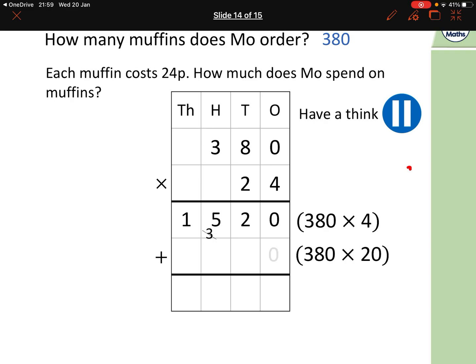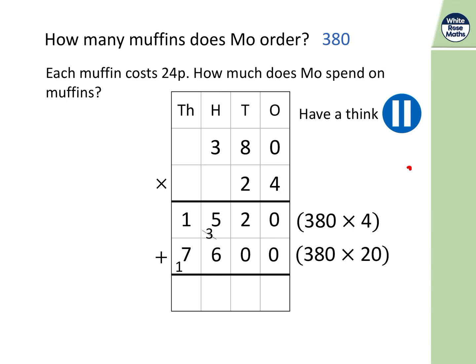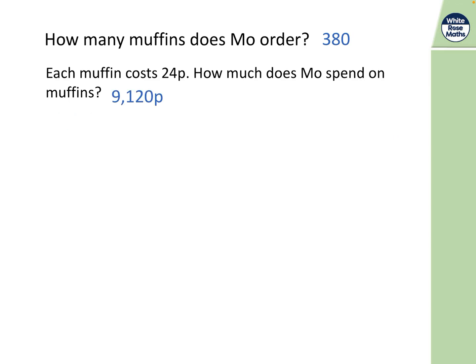Now we're going to be multiplying by the 20. Oh, those two numbers look familiar, don't they? Now we're going to add them up. Well done if you got that. So 9,120p or £91.20, it's up to you.